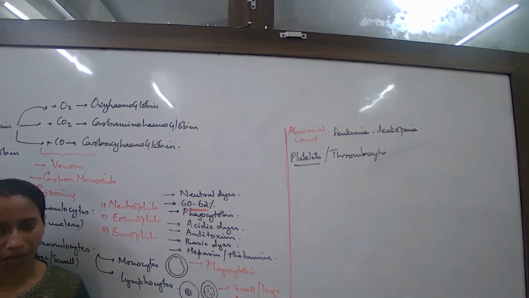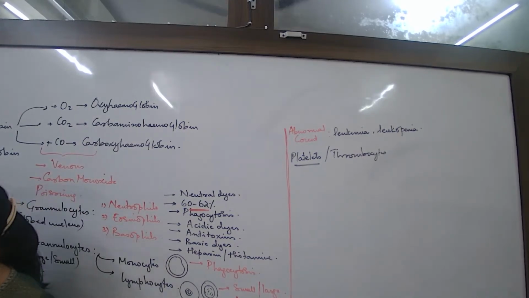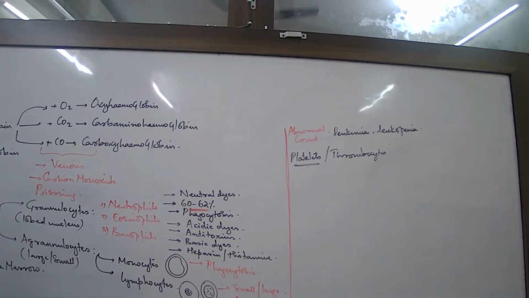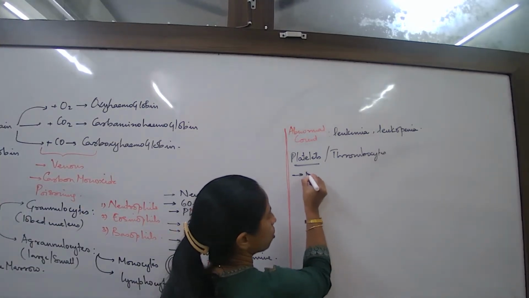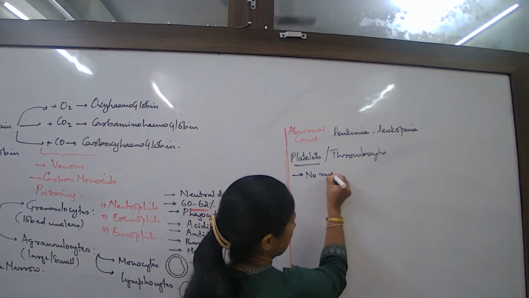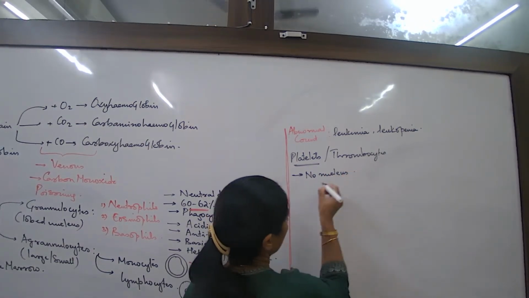Unlike the WBC and the RBC, these are not well organized cells. The platelet more or less appears as cell fragments. They also don't have a nucleus. They are enucleated.